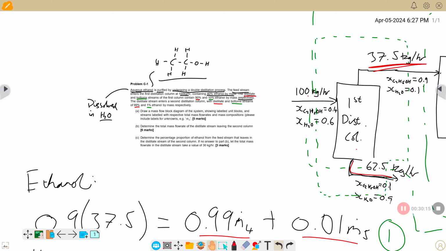So what do we mean by the percentage? First of all, we're talking about a percentage proportion. So we're asking, of this amount, i.e. the ethanol that enters in the feed stream, how much leaves in the second distillate stream?